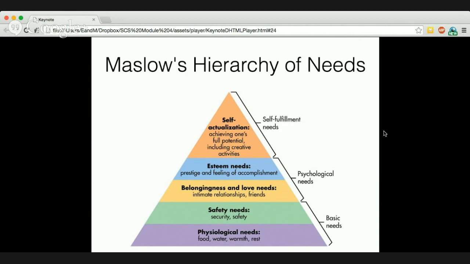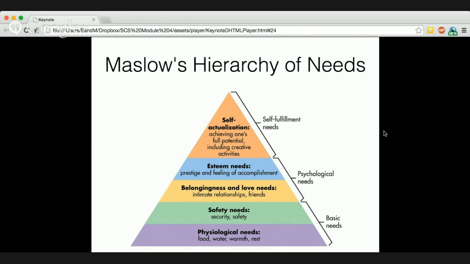So next, let's look at basic human needs. And this is Maslow's hierarchy of needs. It starts at the bottom with basic needs: food, warmth, shelter, safety, security. If those aren't met, those are going to be the focus. Once those are met, you move up the pyramid.